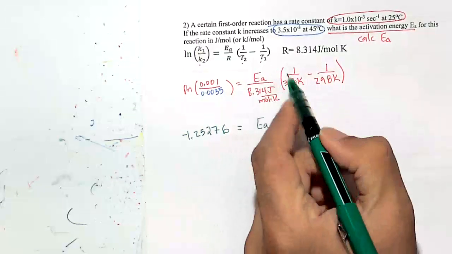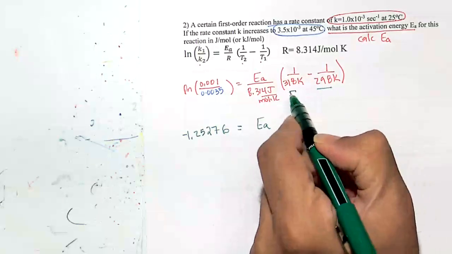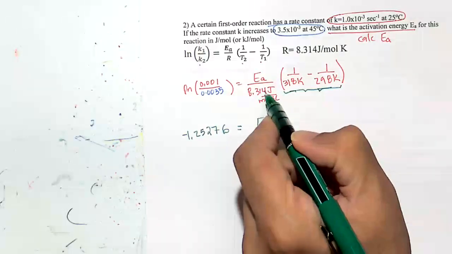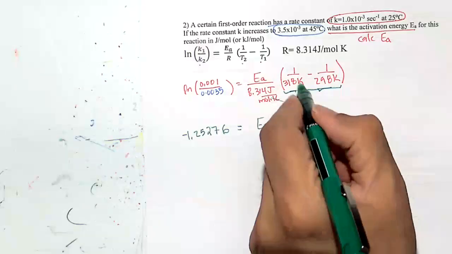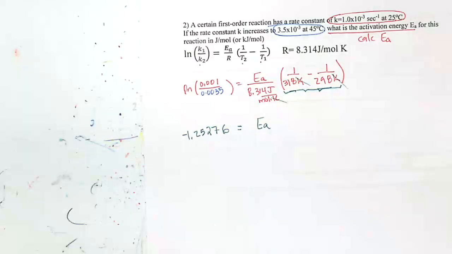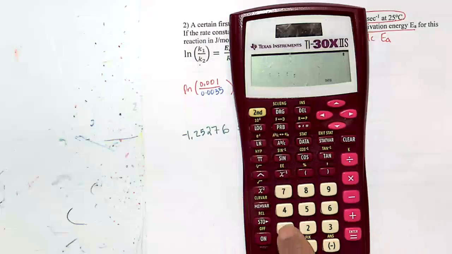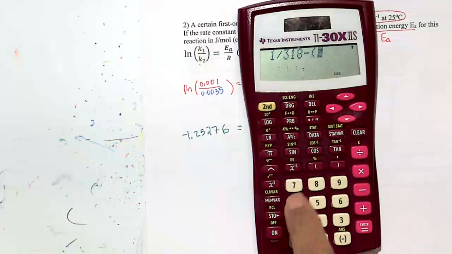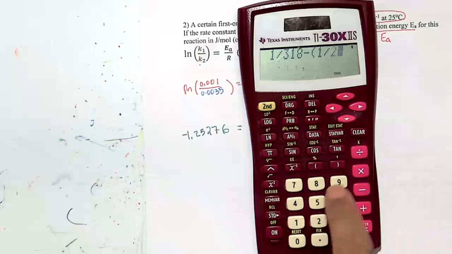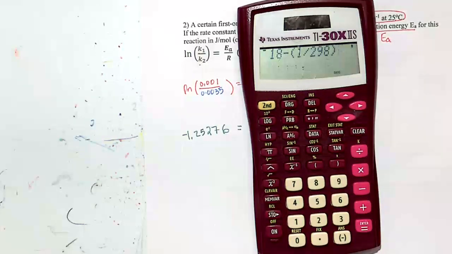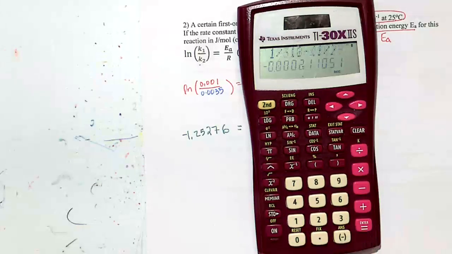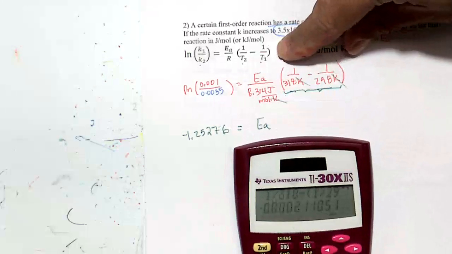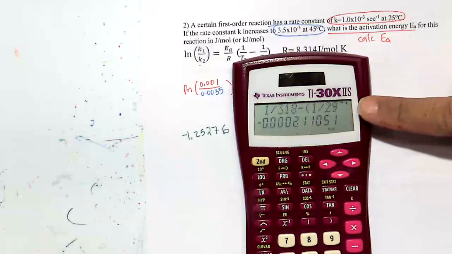Equals Ea times this fraction minus this fraction, divided by 8.314. The Kelvins cancel. So 1 over 318 minus 1 over 298 equals this negative number.